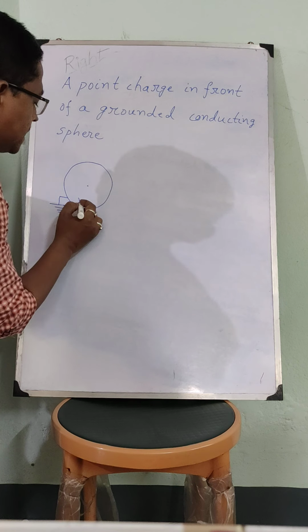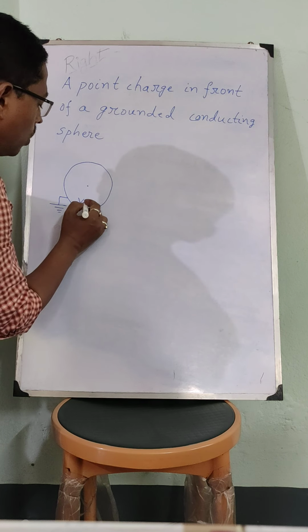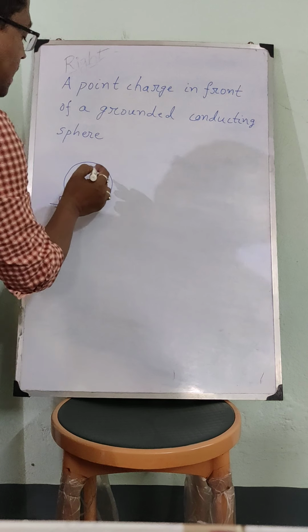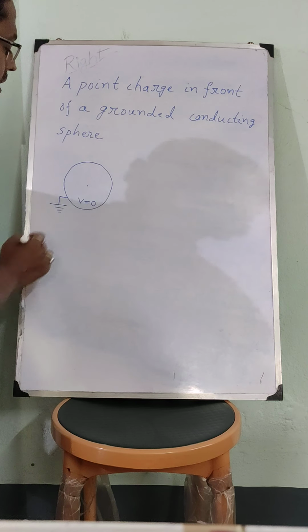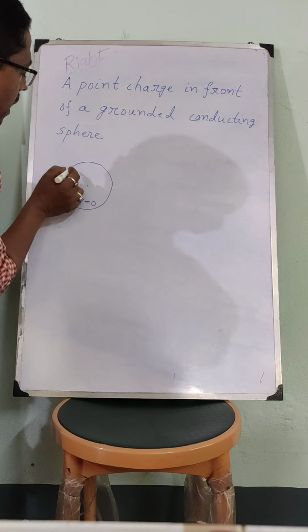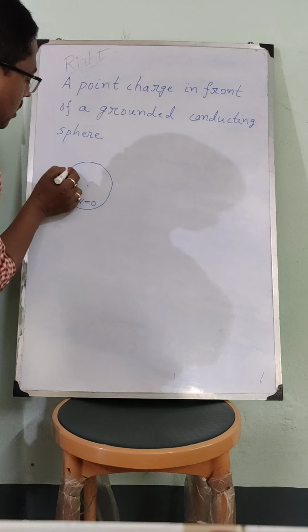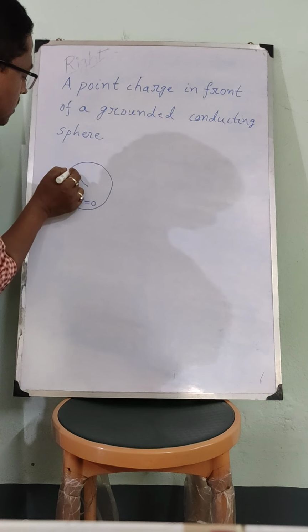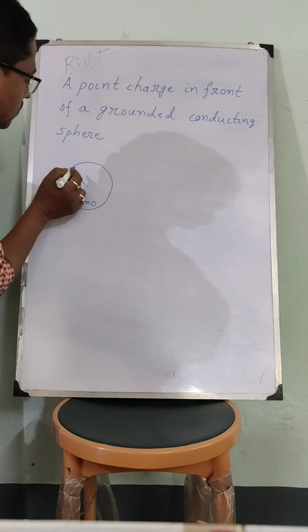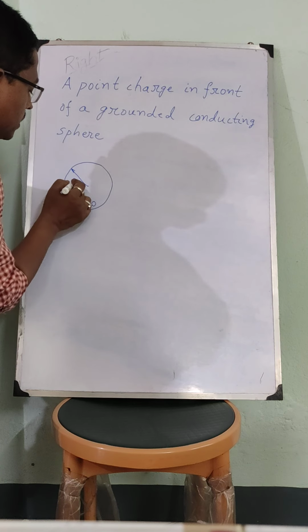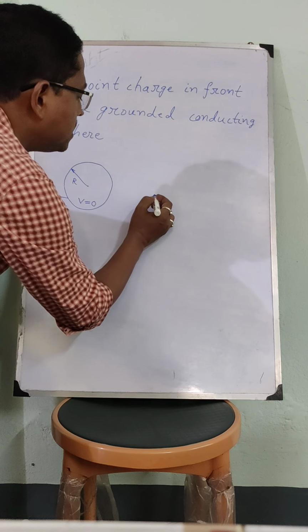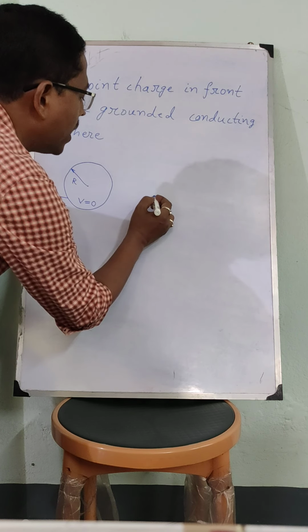That means the potential V is equal to 0 inside the sphere and also on the surface of the sphere, and the radius of the sphere is capital R. This is the radius, so this is capital R, and we have a point charge plus Q located here.